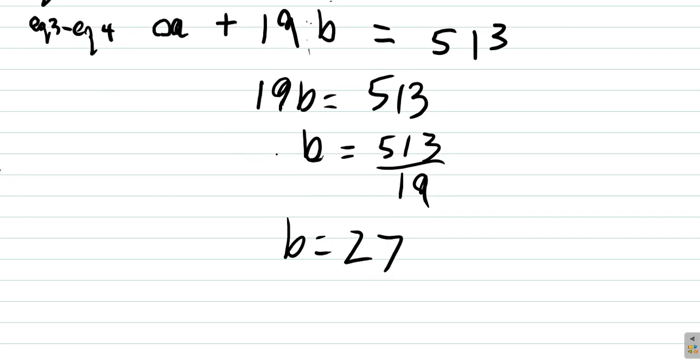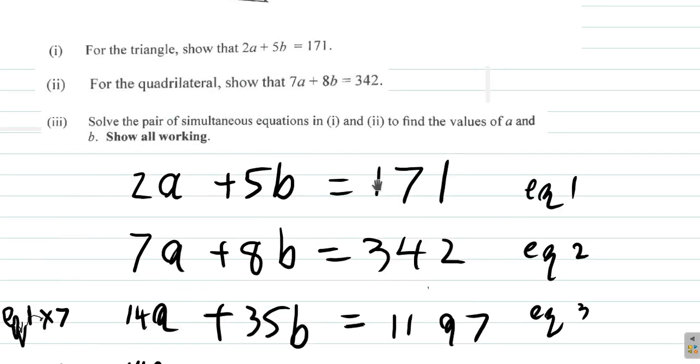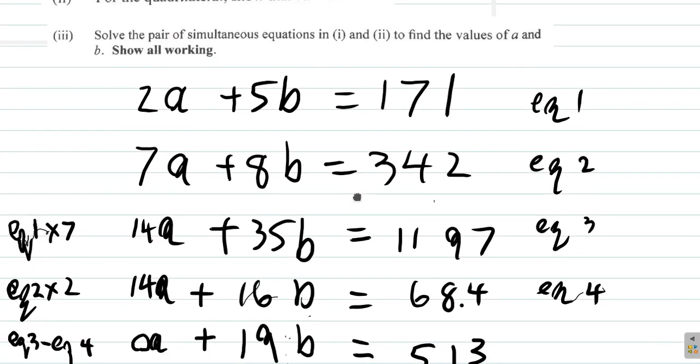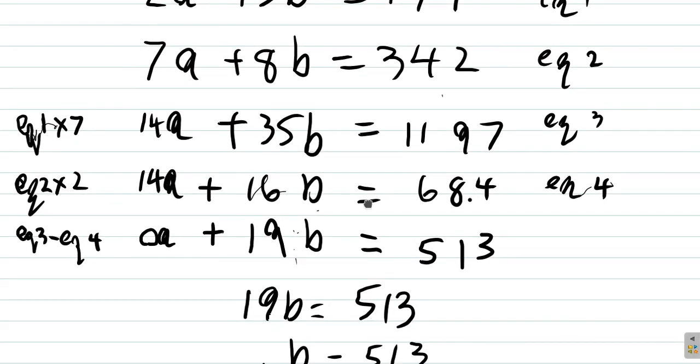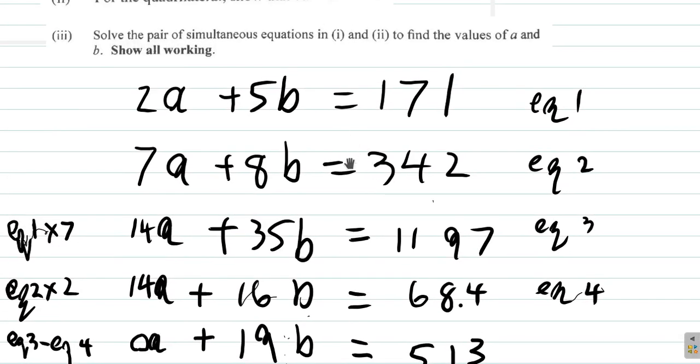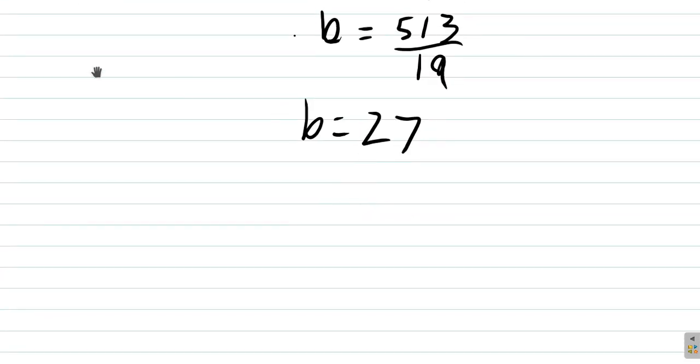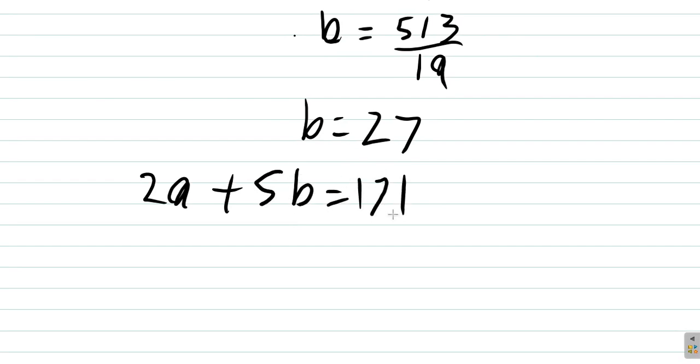See that? Now that we know B, we can substitute B in equation 1, 2, 3, or 4. Anyone we want. Suppose we use equation 1. Equation 1 says 2a plus 5b equal 171.